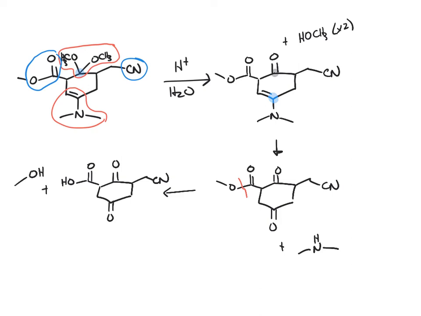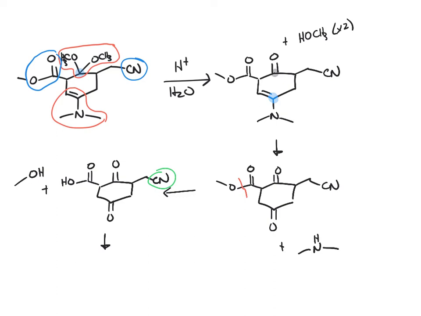Let's get those two pieces. All right, and then finally the nitrile. That will get hydrolyzed. The carbon of the nitrile becomes the carboxylic acid. Right? The nitrogen comes off, and you just add enough hydrogen to it to get to the amine.